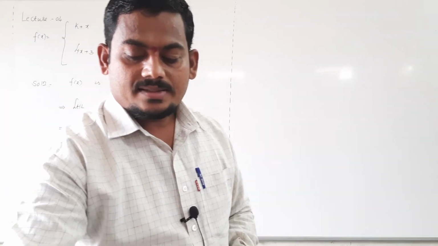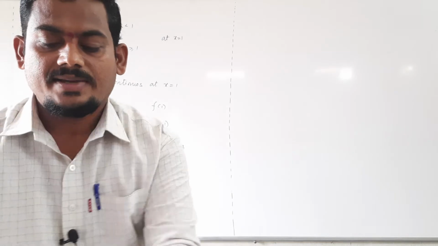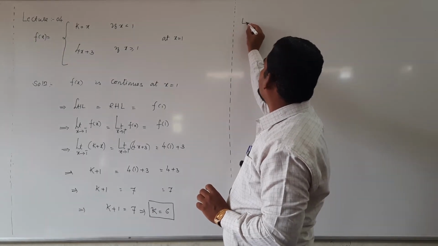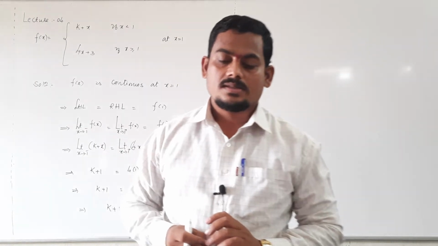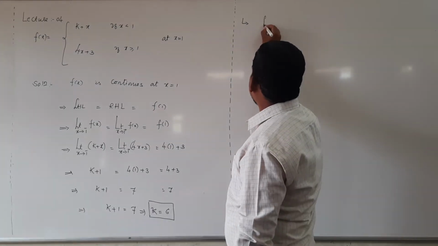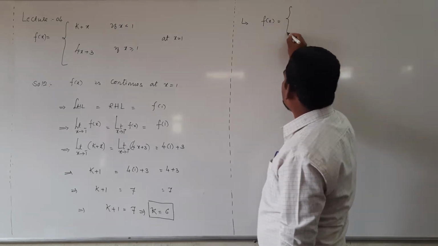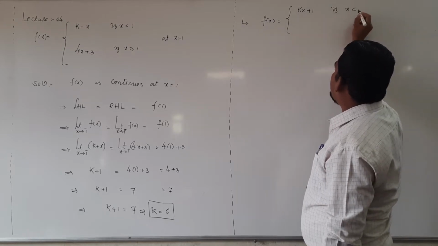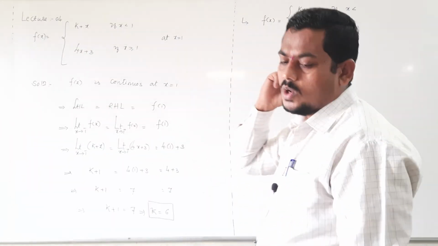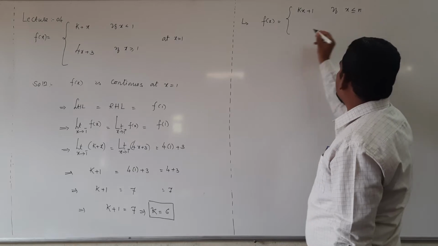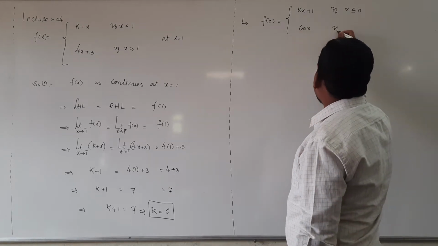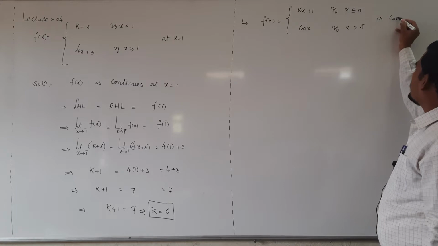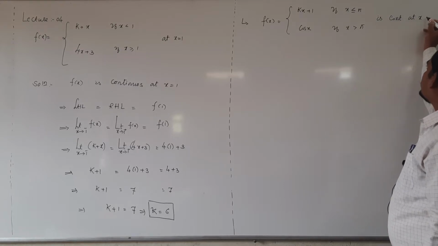Find the values of k so that the function f of x equal to kx plus 1 if x value is less than or equal to pi, cos x if x value is greater than pi, is continuous at x equal to pi.